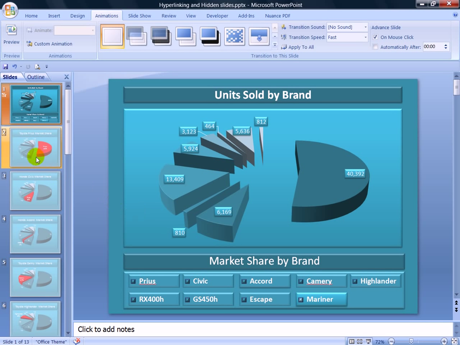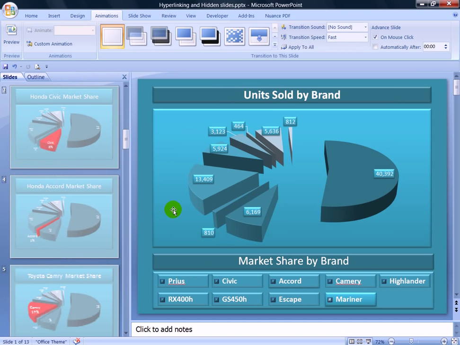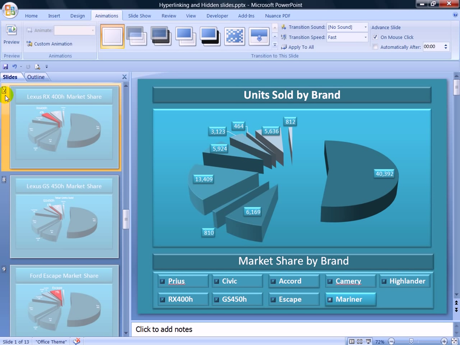Now if you look over here on the left side, you'll notice that all of these slides that are the market share slides, let me just resize this a little bit, are grayed out, they're unavailable. And you'll also notice, if you can see it, that there's a line through the slide number.